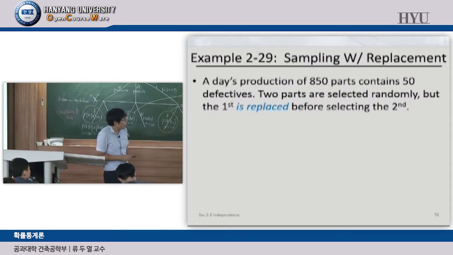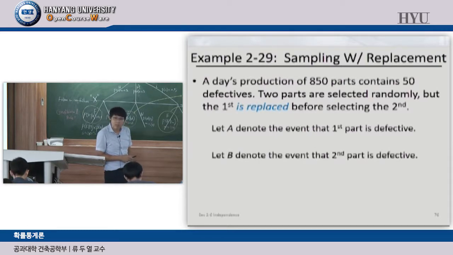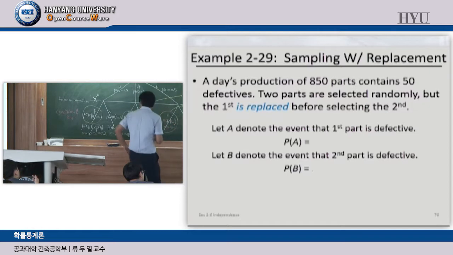But the first part is replaced before selecting the second part. So let A denote the event that the first part is defective, and let B denote the event that the second part is defective. So in this case, what is the probability of A and B?